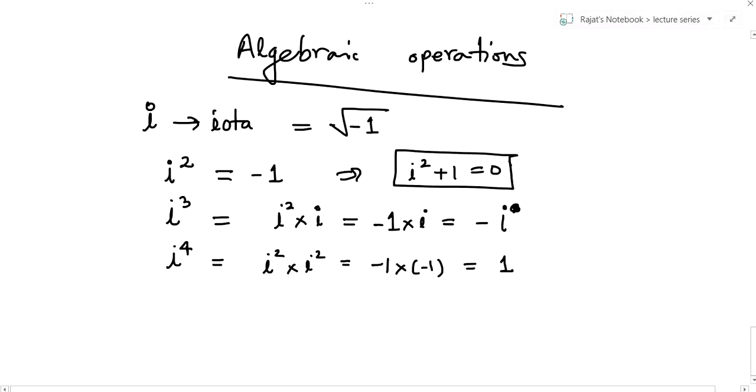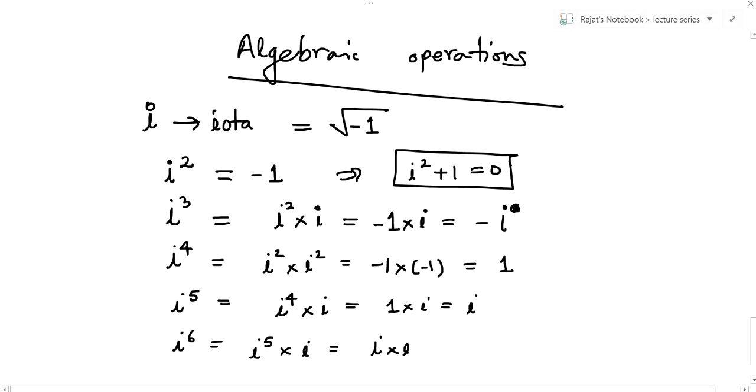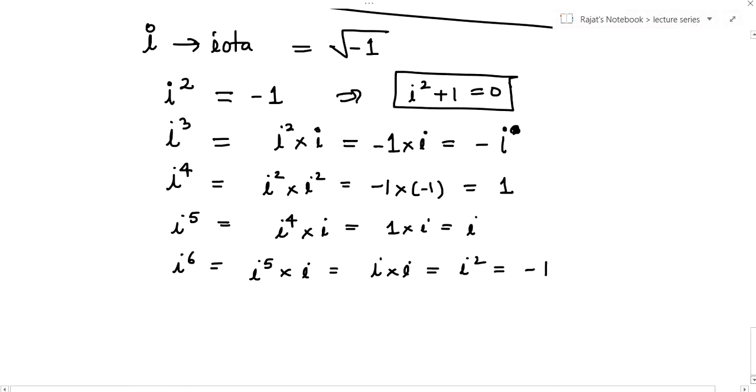If I ask you what will be i to the power 5, it will be i to the power 4 into i, so 1 into i, which is i. Similarly, i to the power 6 will be i to the power 5 into i, so i into i, which is i square, which is -1. So on and so forth.